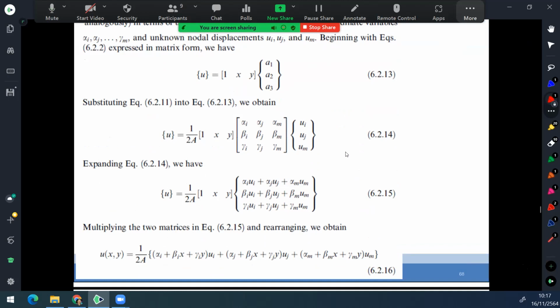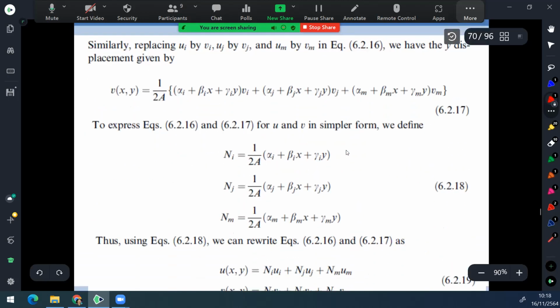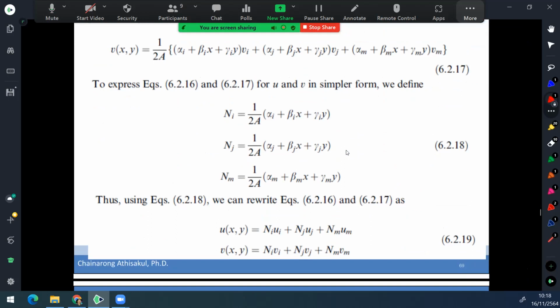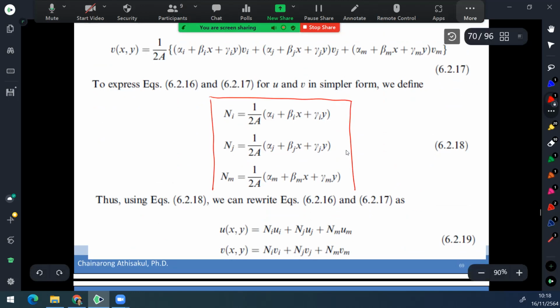When we rearrange the terms and substitute, with some manipulation, we have the shape function. This is the shape function of the triangular shape, the constant strain triangle.